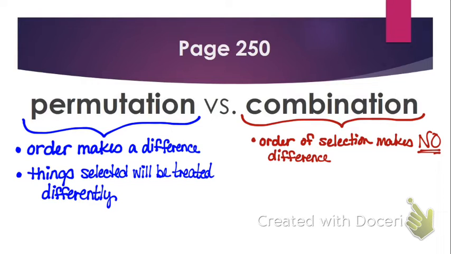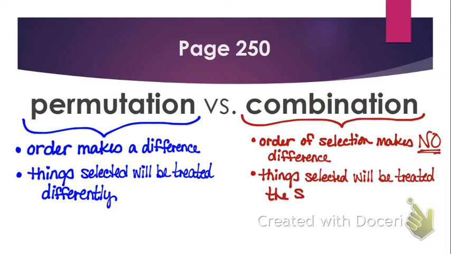The reason that the order of the selection makes no difference on a combination is because all the things that are picked are going to be treated exactly the same. We have buttons on the calculator for both of these.